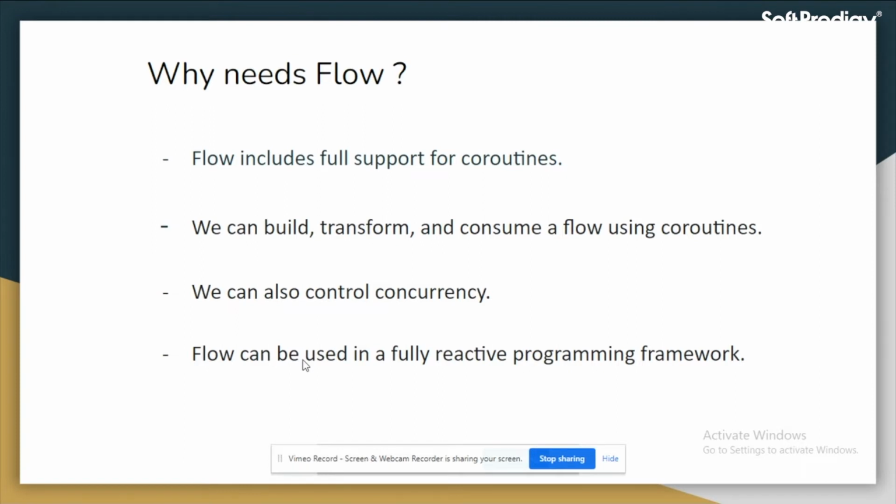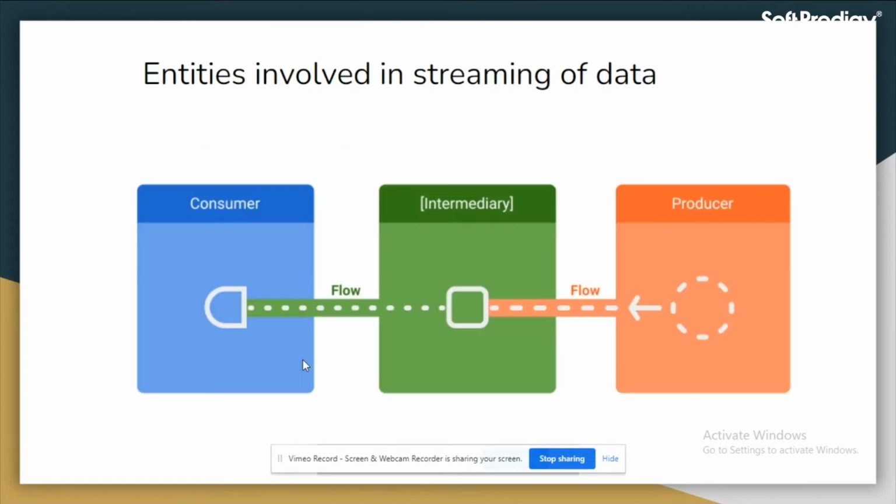This is exactly what the reactive programming framework is. We are just going to observe each and everything that we get data from, like we are getting the data from the API, like we are getting the data from the repository. So our main motto is to observe it first, and after that we can easily consume it. So this is all about why we need flow.